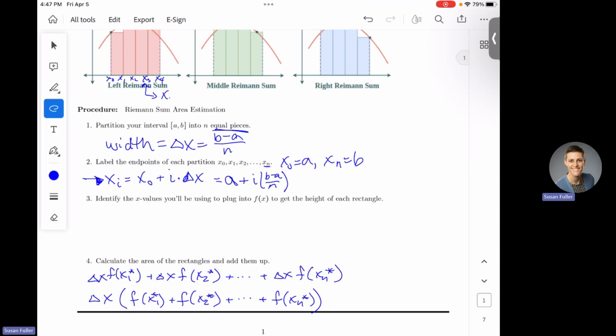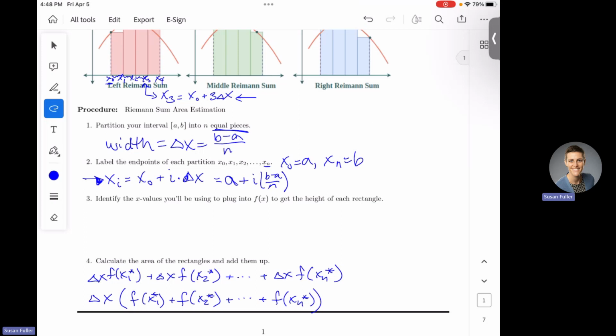So here, x sub 3 would be x sub 0, this first x value, plus 1, 2, 3 delta x's, right? And I could do that for x2, for x4, but this is the direct way to find any of my x values without labeling all of them. And you'll see why we need that in a minute.